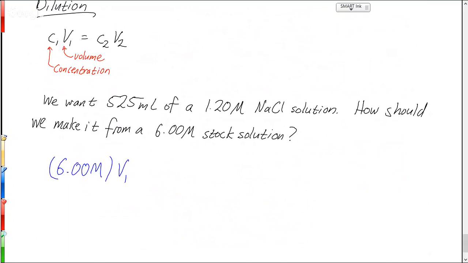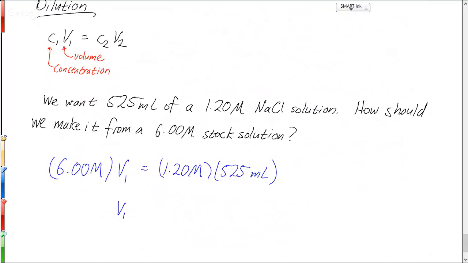How much volume of that 6 molar solution do we need to make ultimately a 1.2 molar solution and 525 milliliters of it? Because you got the same thing on both sides, you don't have to worry about converting units as long as you got the same units on both sides, because they'll end up canceling each other anyway.